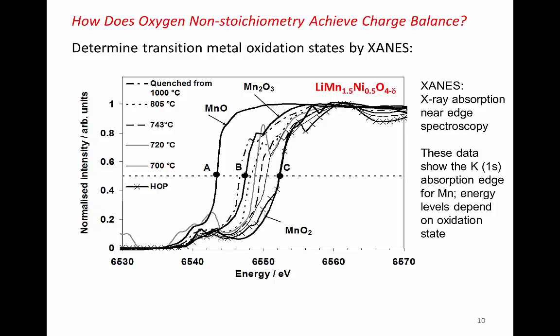And there is a very nice technique which you won't have in your laboratories. You need the national facilities of synchrotron radiation to do this, but it's called the X-ray absorption near edge spectroscopy technique, or XANES. And this is a way of determining the oxidation states of the particular elements in your material.